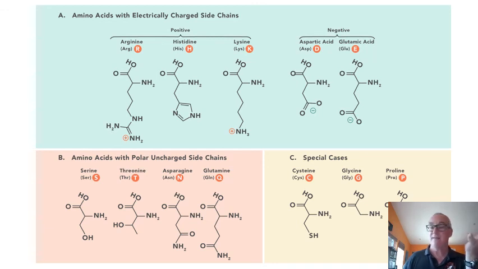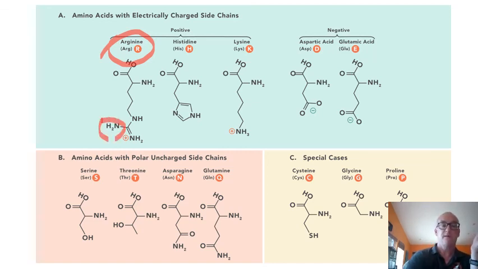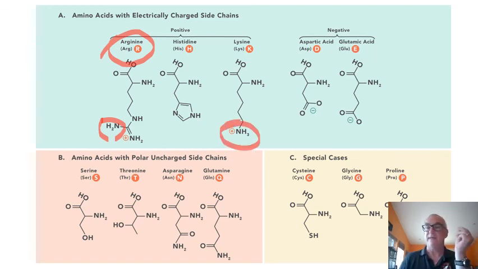So you can see amino acids that have positive charges on them. Arginine has a permanent positive charge, and it also has these amines attached. Lysine has an amine at the end.